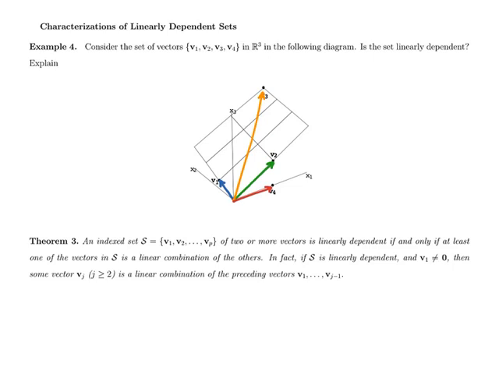And we're going to ask, is this set of vectors linearly dependent? And to look at that, we're going to look at this plane that we drew here where 3 vectors are all on.